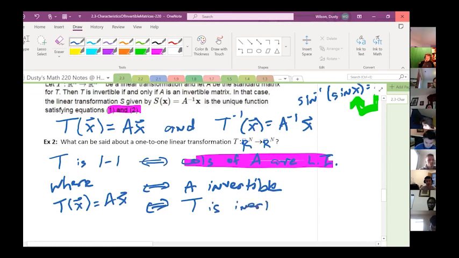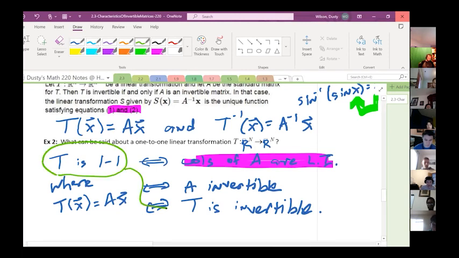So just using that arc of triumph concept, we start with T is one-to-one, we go to a theorem that tells me the columns are linearly independent, then we go to another theorem that says that's equivalent to A being invertible, and another theorem that says that means T is invertible. So we started with T is one-to-one, and that's equivalent to T being invertible.